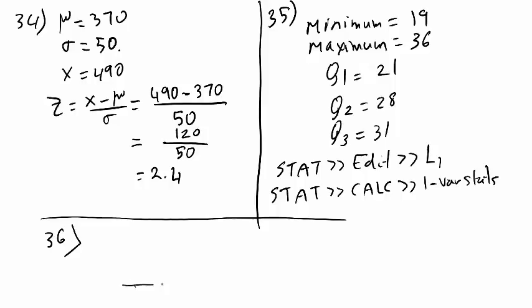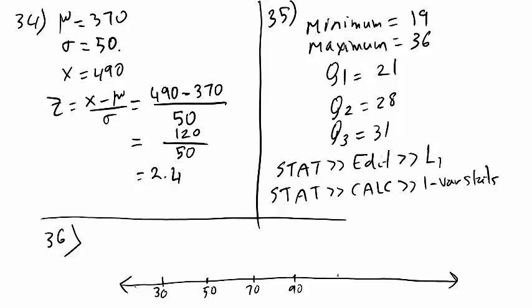To do the box and whisker plot, first of all, you draw a number line. The smallest value is 31 and the largest is 99, so you can label the axis go from 30 to 110. You can do 30, 50, 70, 90, 110.